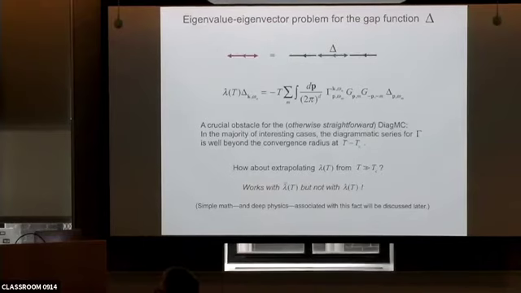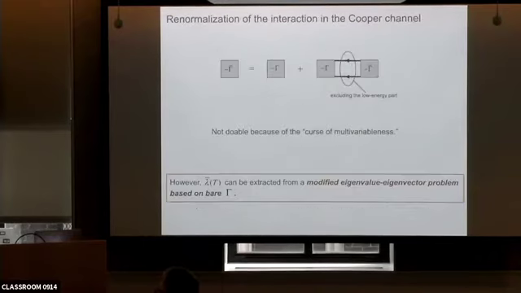So rather than solving this problem, rather than essentially doing this renormalization, I want to remind you of the idea of renormalization. I already mentioned the term, but explicitly, renormalization precisely means the following. This gamma bar, which I introduced before, is nothing but a sum of the ladder diagrams.